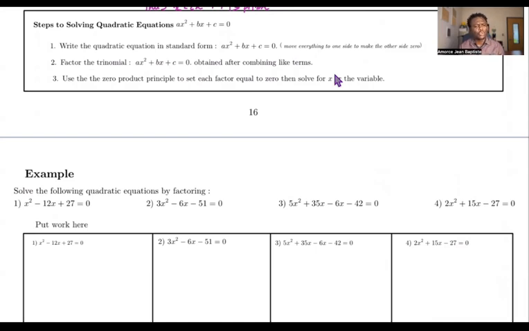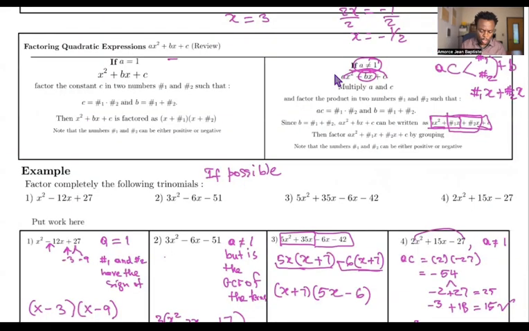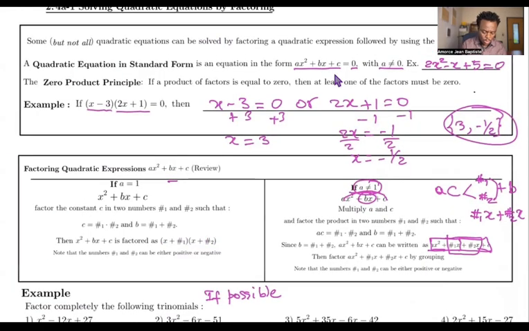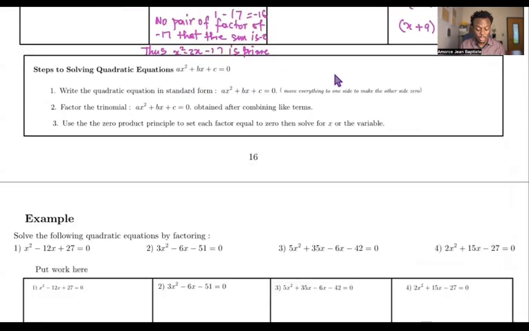And then last, you use the zero product principle that we presented here to finish the solution after factoring the expression.